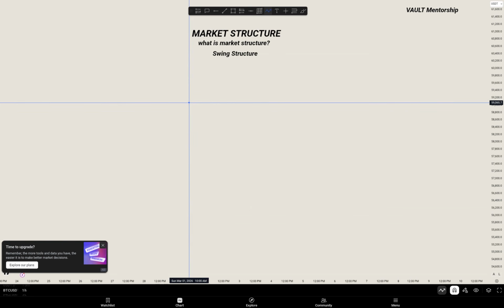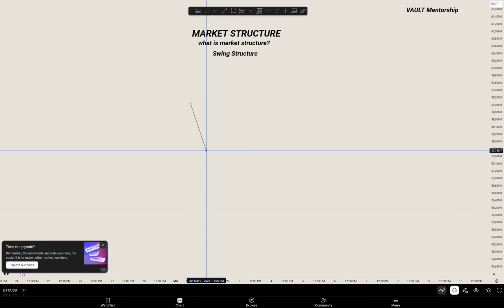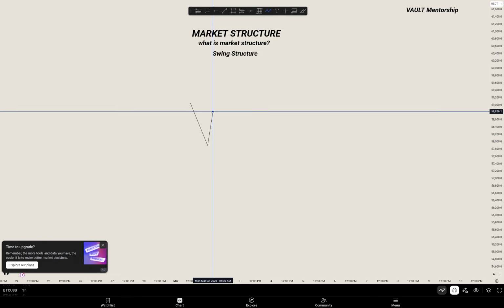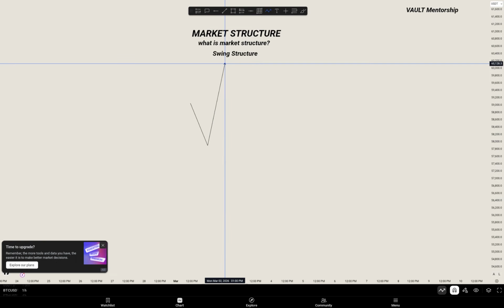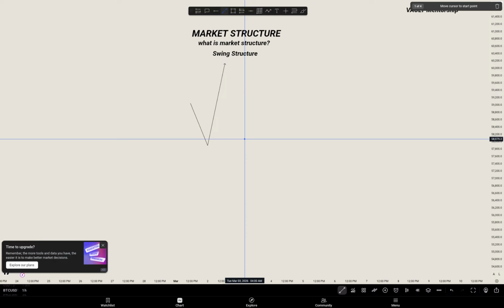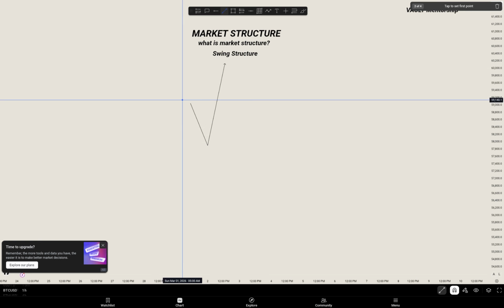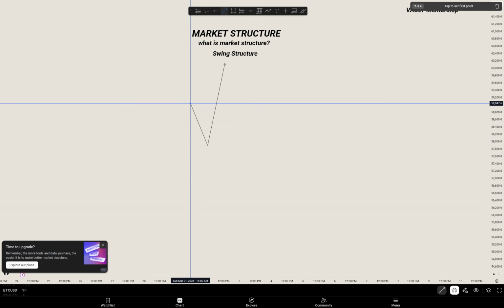So I'm going to be drawing this. This is what we see as a swing structure on the higher time frame. You have something like this.